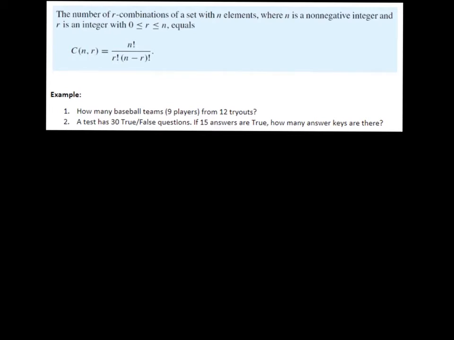So there's two ways this is usually said. Sometimes this is said as what I just read to you: combinations of n objects r at a time.